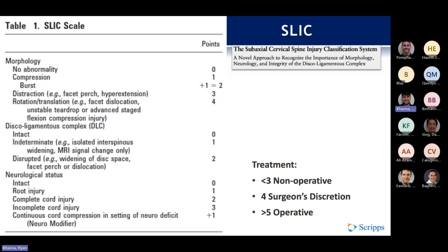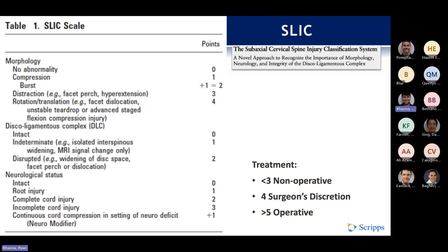And what they looked at, number one, is morphology. So looking at the pattern of spinal column disruption, and whether that would push you into operating, with compression being the least severe of the injuries, and rotation translation being the most severe.